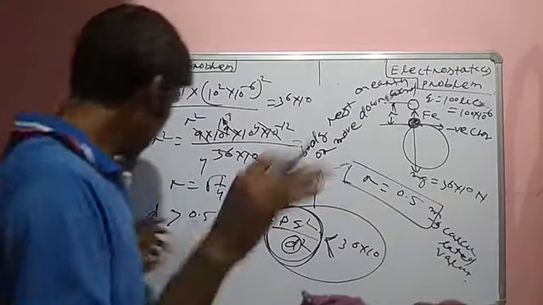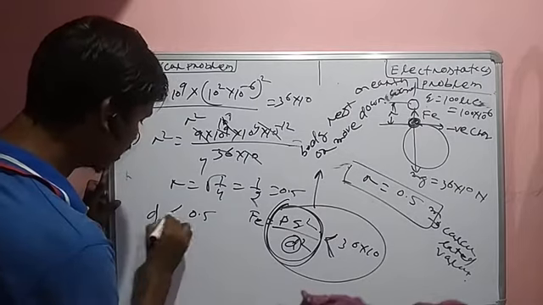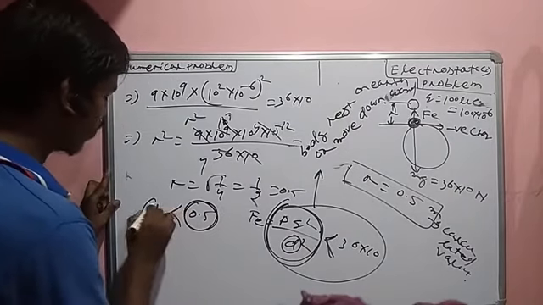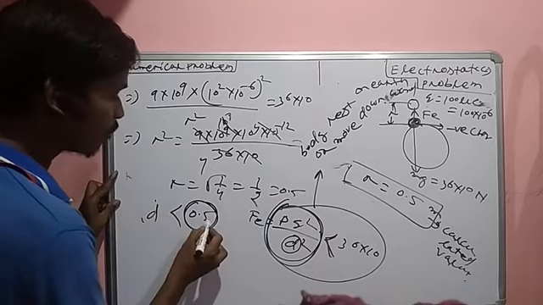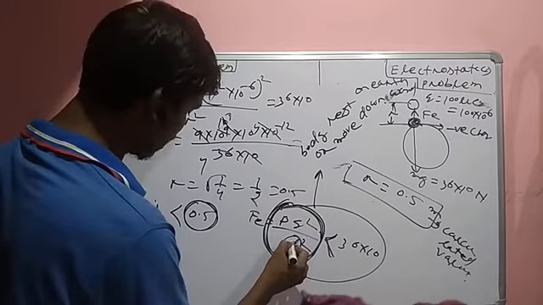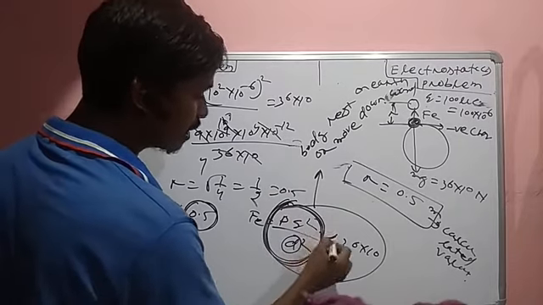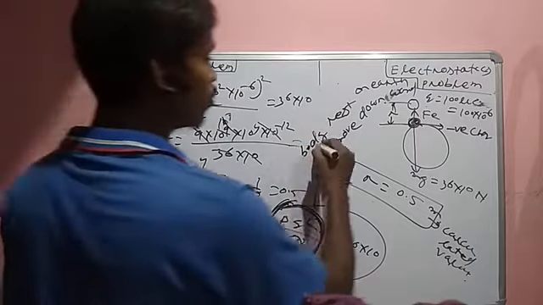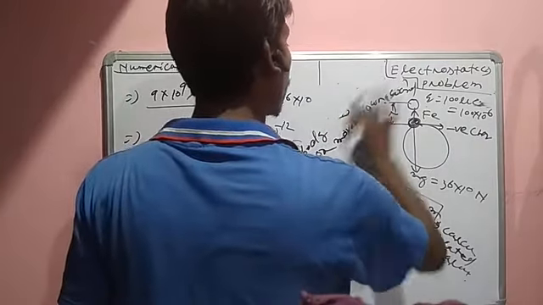When d is less than 0.5, the calculated value, that means whenever the separation is less than 0.5, the d square value decreases and the force value increases. That means the total force is greater than the weight. That means the body moves upward, accelerated.